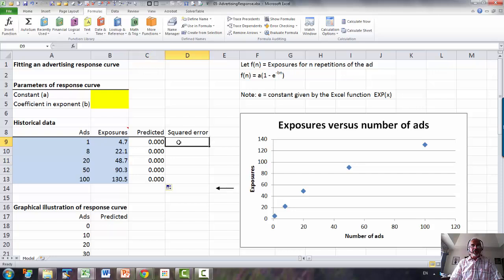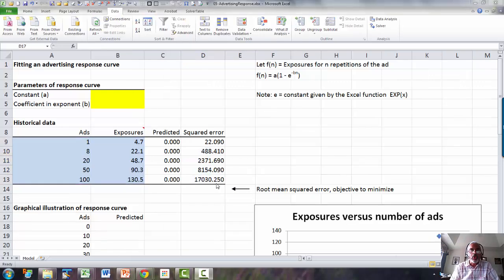Now we look at the difference between the two and square it: the actual minus what we are predicting from the line, squared. Then we take all the squared errors and find the average of the squared errors.